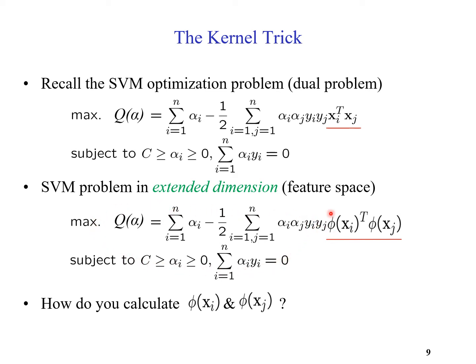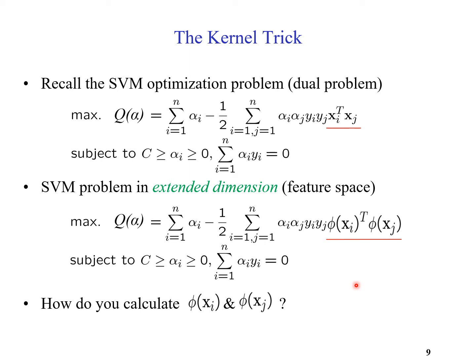But for this, actually we do not know this mapping. Do you remember, when you expand the dimension, we have no idea which dimension we are going to expand it to, and no idea what configuration you are going to go with. That means we have no idea of the mapping.